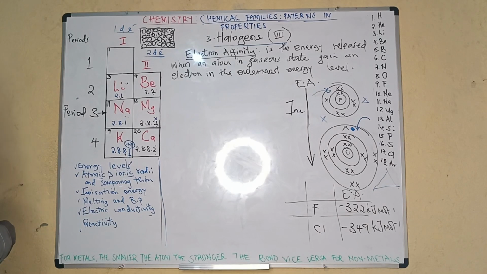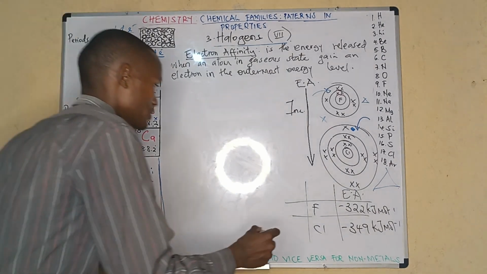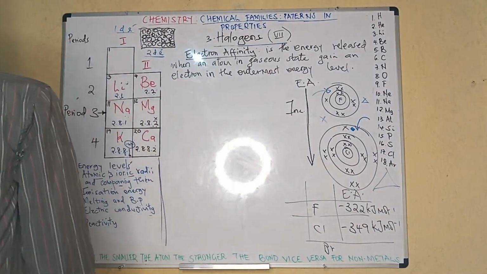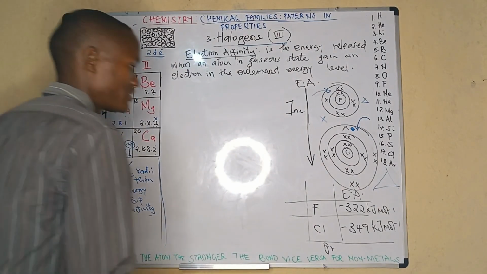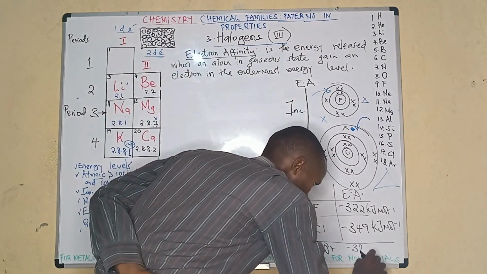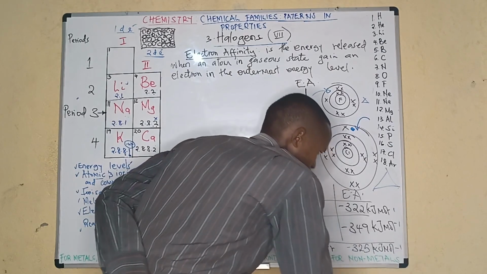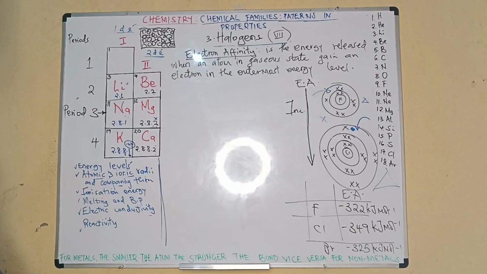Maybe I can write for bromine, negative 325. No, it is not so regular.